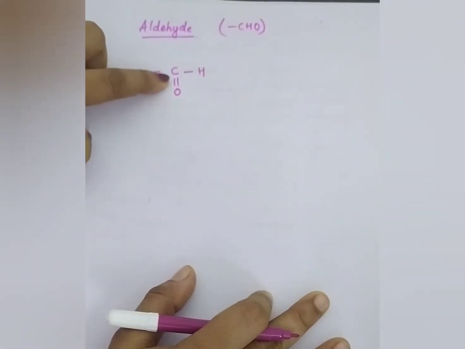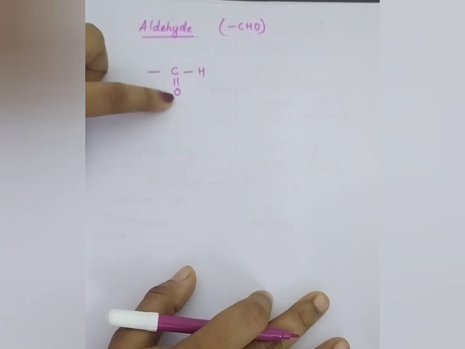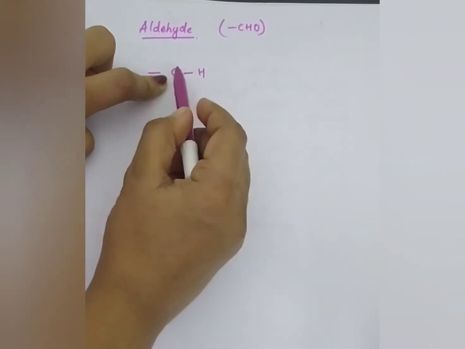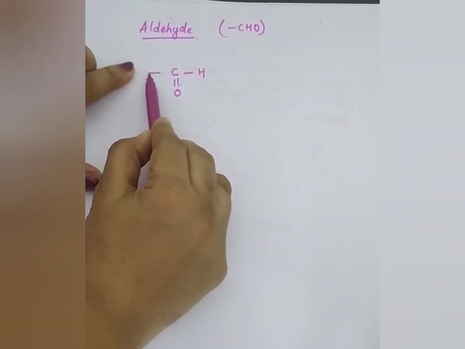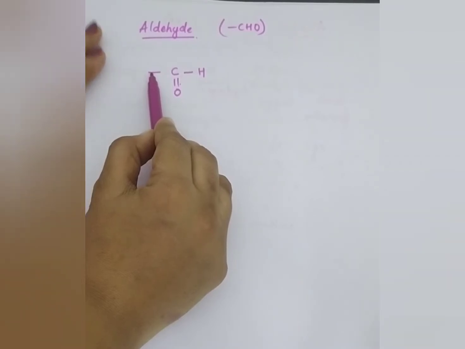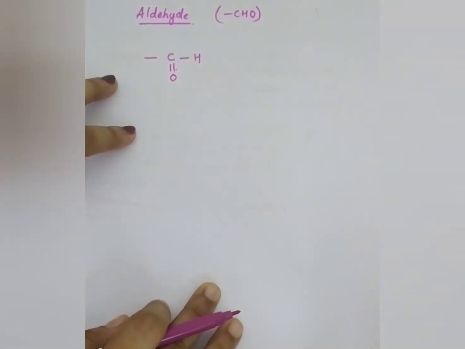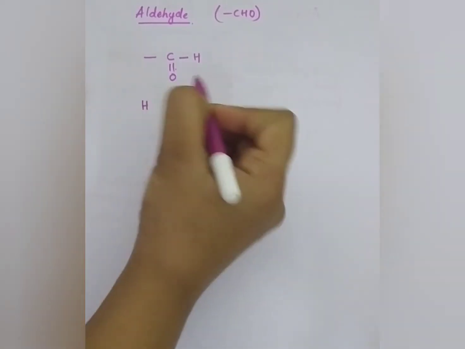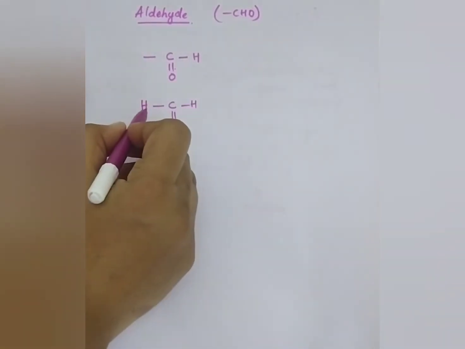Next group is aldehyde. It is given as CHO, that is C double bond O and H. So the carbon's valency is satisfied with oxygen and hydrogen. One more valency is left for bond formation. Let's take one example. The carbon's valency is satisfied with H here.